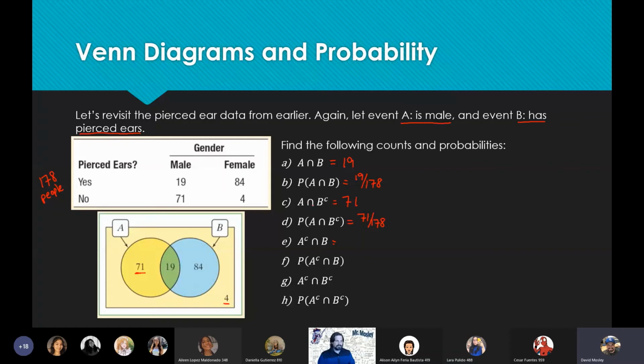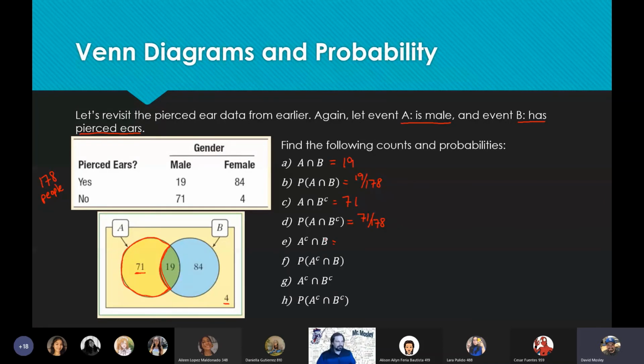But to be in the intersection, I have to count the things that are part of A and also part of the complement of B. So the only thing I'm left with is the 71. It's kind of like we cut it off here, and it is also in A. These 4 don't count because they're not also part of A. Did that help? Yeah, thanks. You're welcome.